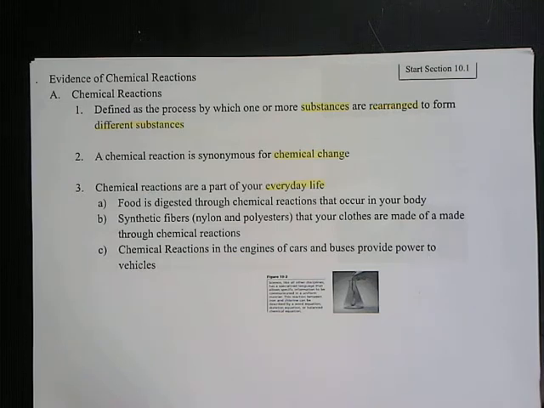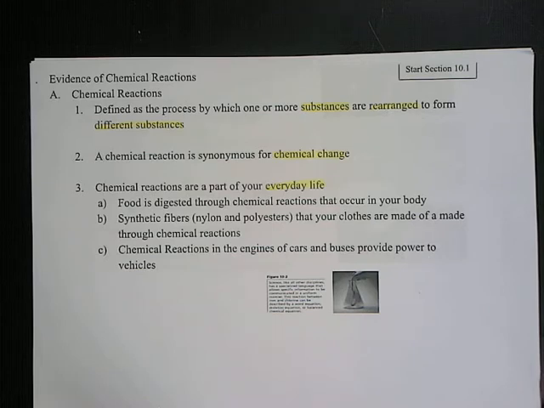So, we start out here with what are chemical reactions. Chemical reactions are simply defined as the process in which one or more substances are rearranged to form different substances. And so what we talk about here with chemical reactions is chemical change.